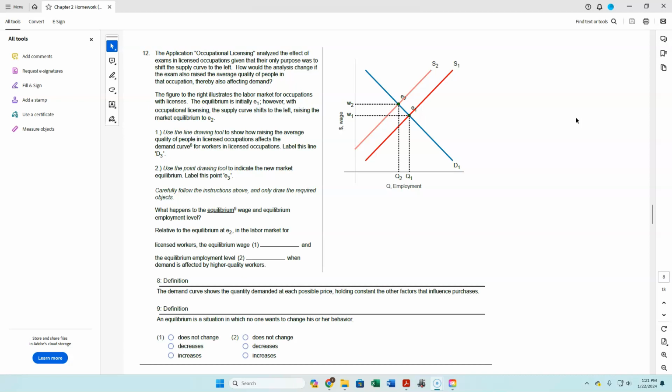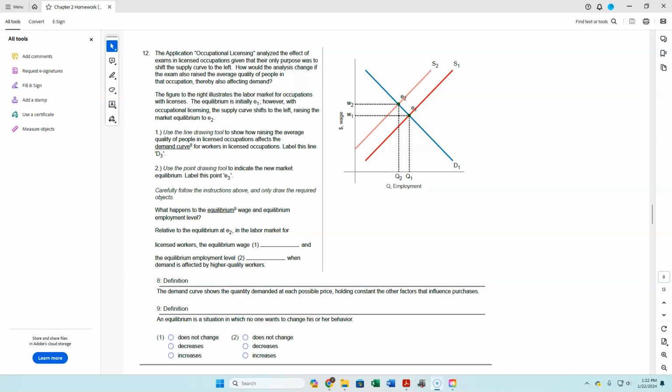The reason why the supply is shifting to the left is that the intent of having exams is that fewer people are going to be willing to take the exams. But what it's asking us in this question is, what if making these people take exams had the effect of increasing the quality? Well, the idea here is that people would want more workers that are of higher quality.